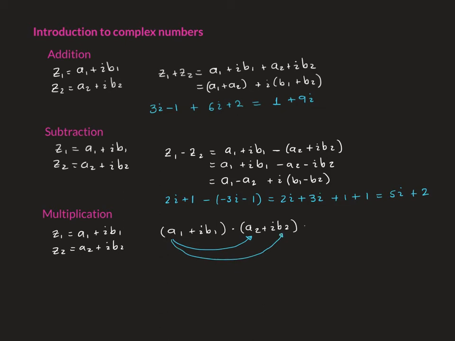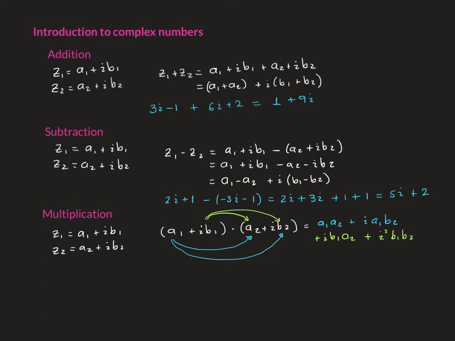So we can do that. a1 times a2 plus i a1 times b2, and then we also have to do the product of ib1 with each of the terms in the second number. So that is going to be plus ib1 a2 plus i squared b1 b2.